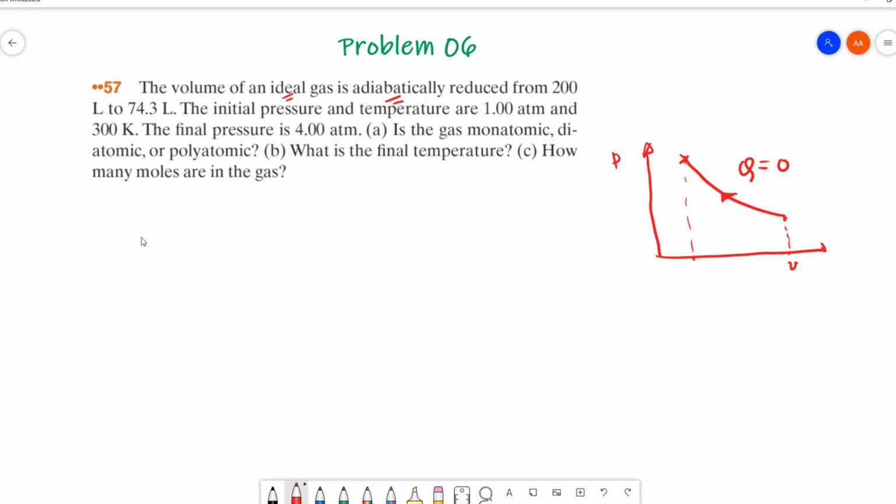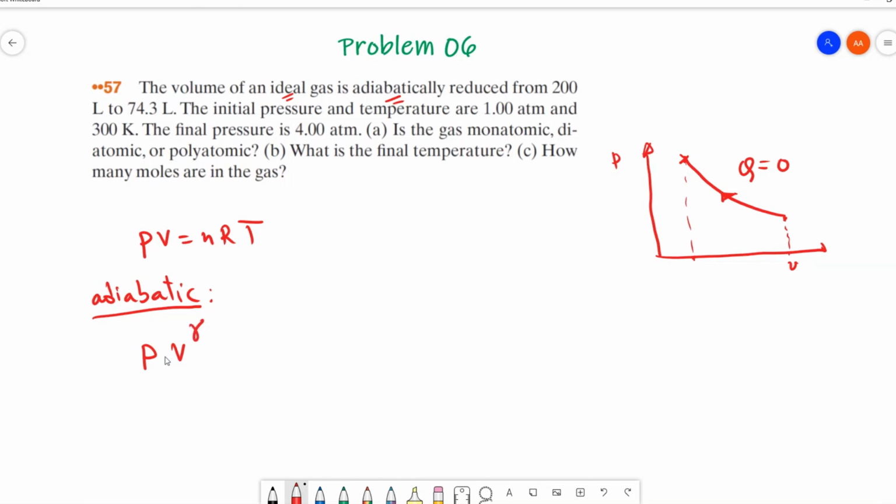For an ideal gas, we have PV is equal to nRT. This one is always valid, for an ideal gas. For a process which is adiabatic, I can state that PV to power gamma is constant.